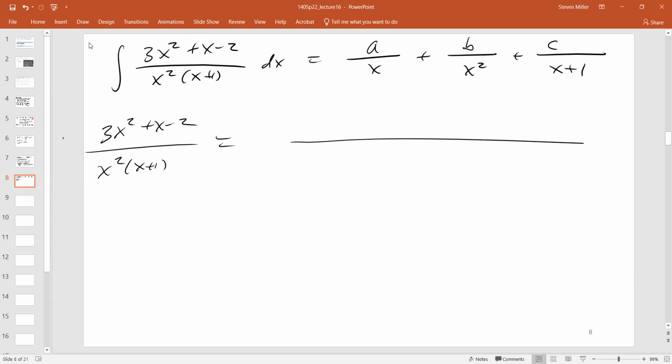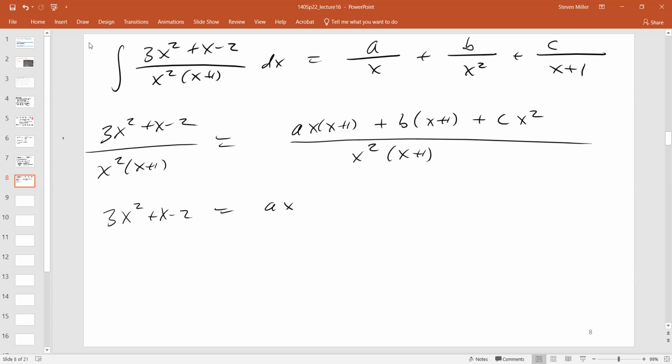And now let's get a common denominator. So for the a over x, we have to multiply by x times x plus 1. So we have a times x plus 1, plus b, we have to multiply that by x plus 1. And c, we have to multiply by x squared, over x squared times x plus 1. So 3x squared plus x minus 2 has to equal ax squared plus ax plus bx plus b plus cx squared.